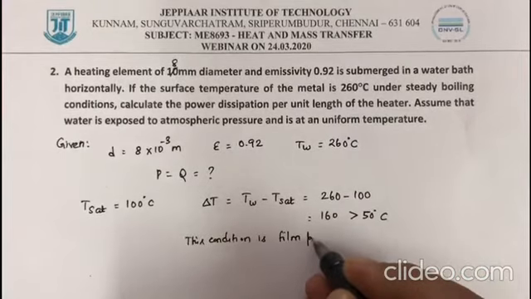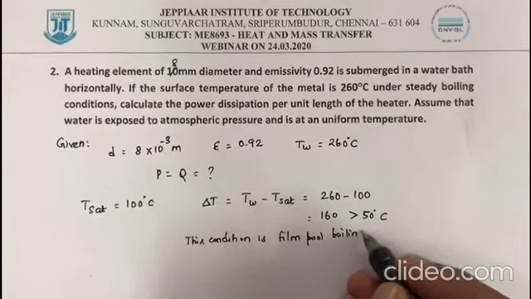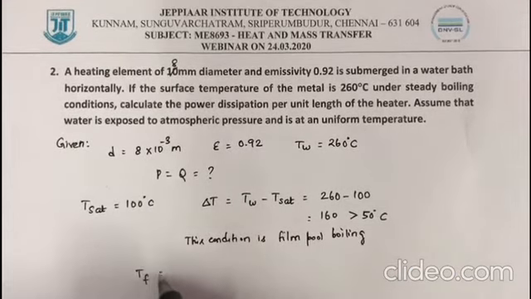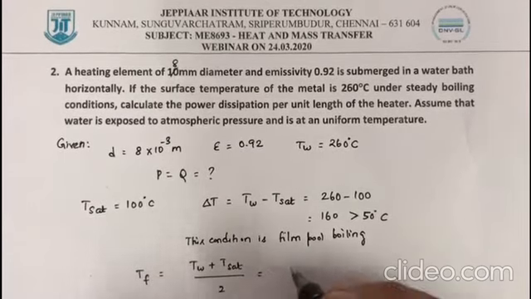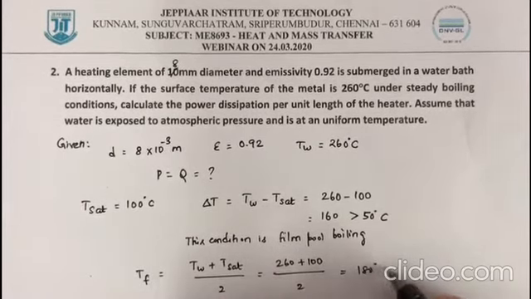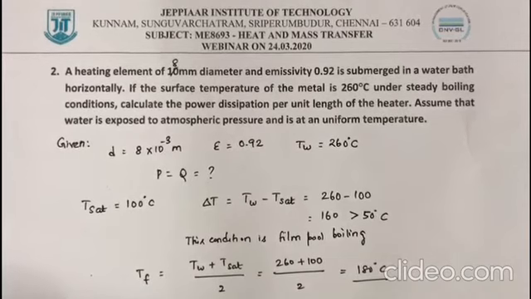The previous problem was about nucleate pool boiling, and now this is film pool boiling, in which you will be calculating the film temperature, which is TW plus Tsat divided by 2. So the film temperature is 180 degrees Celsius. It is at this temperature you are going to find the properties.